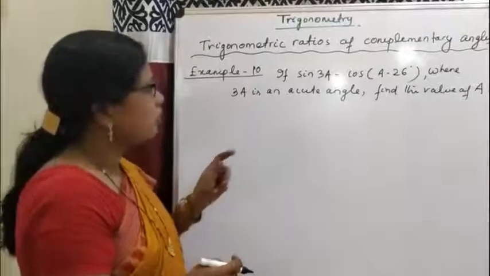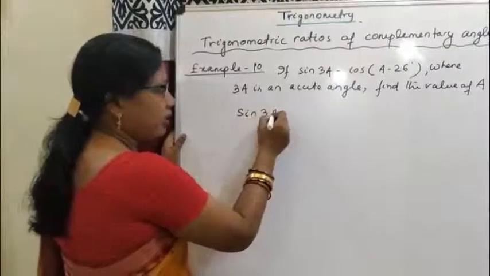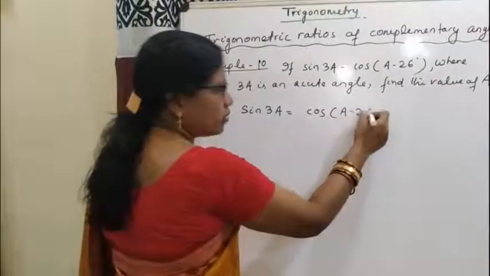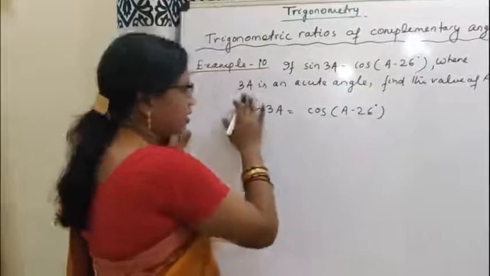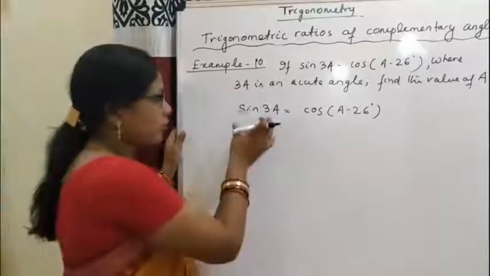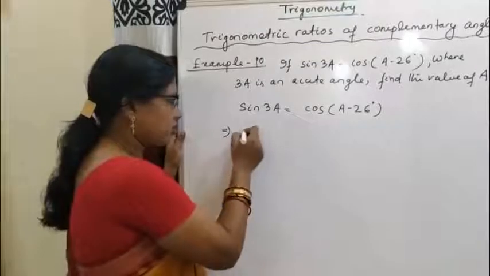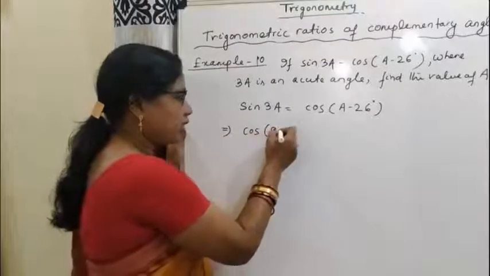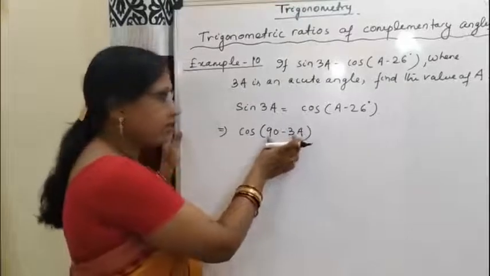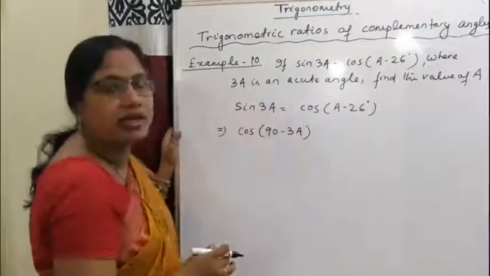Next example, if sin 3A is equal to cos A minus 26 degree, where 3A is an acute angle, find the value of A. So here sin 3A is given. We can write it as cos 90 minus 3A, because it is given that 3A is an acute angle.